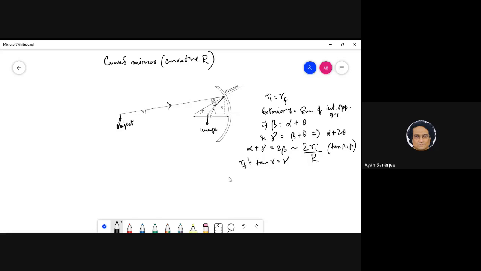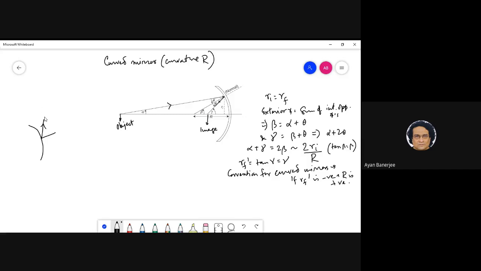Okay, so the convention for curved mirrors is that if Rf dash is negative, R is positive. So for convex mirrors, you can appreciate that this will come like this and it will go like that, right?